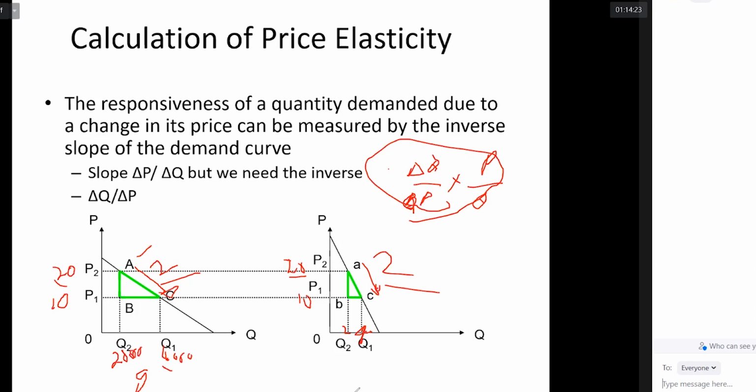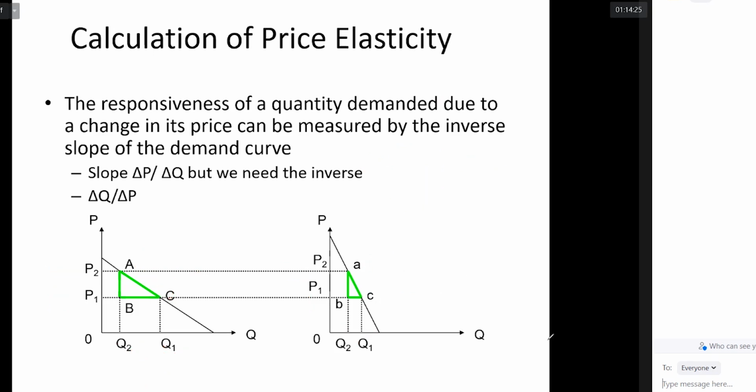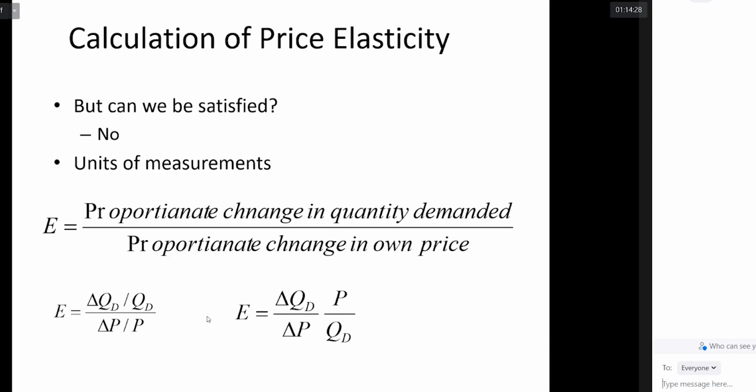Therefore, now we have no worries. Now we are okay. If we get the proportionate change in quantity demanded and the proportionate change in its own price, then we get the final answer, which is known as point elasticity of demand.